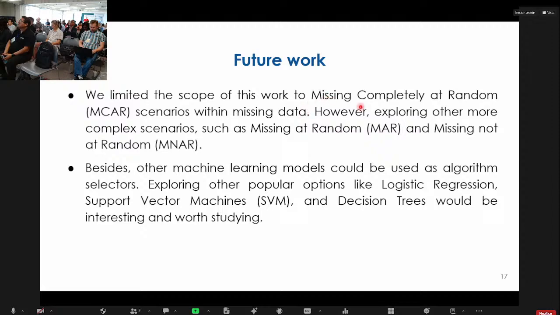We need to work with these three and add them with more machine learning models, for example logistic regression, support vector machine, decision tree, random forest, a probabilistic model like Bayesian. So we need to combine these two ideas to make the work more robust.